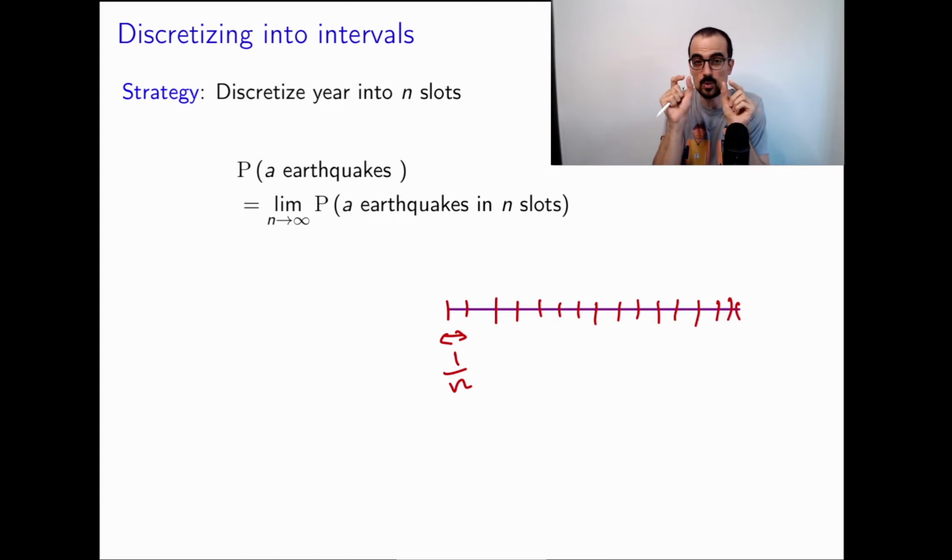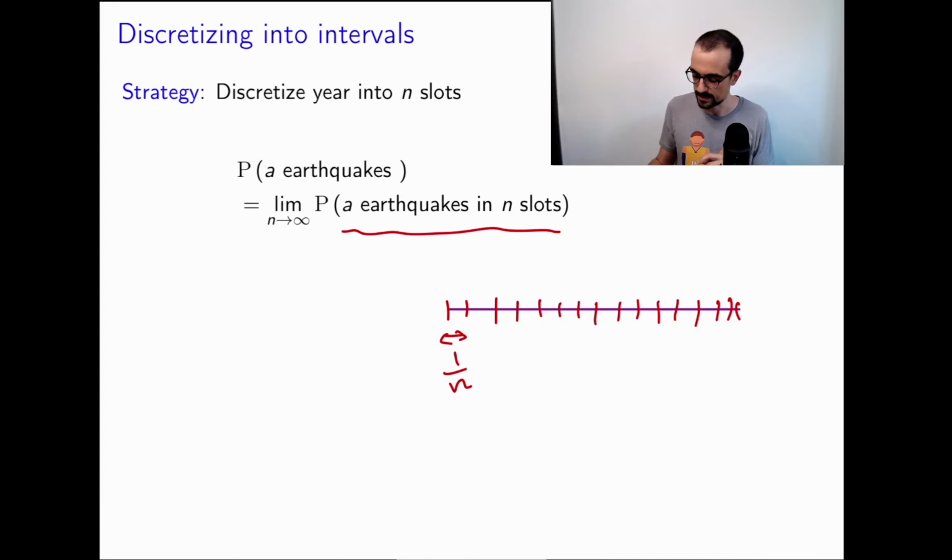We're going to take the limit where n goes to infinity, which means that the slots are infinitely narrow. That's what we're going to do. But in the meantime, before we take that limit, let's reason about this case where we haven't taken the limit yet.